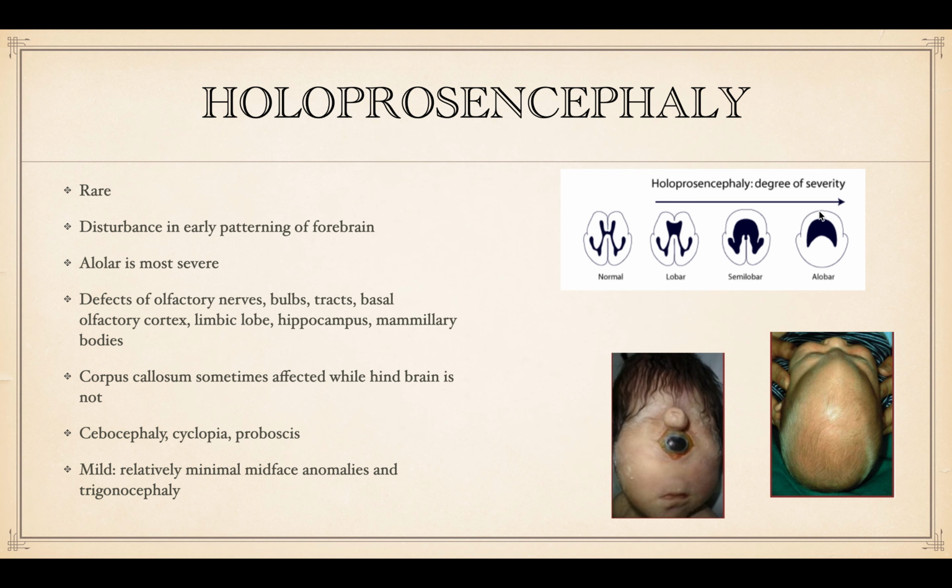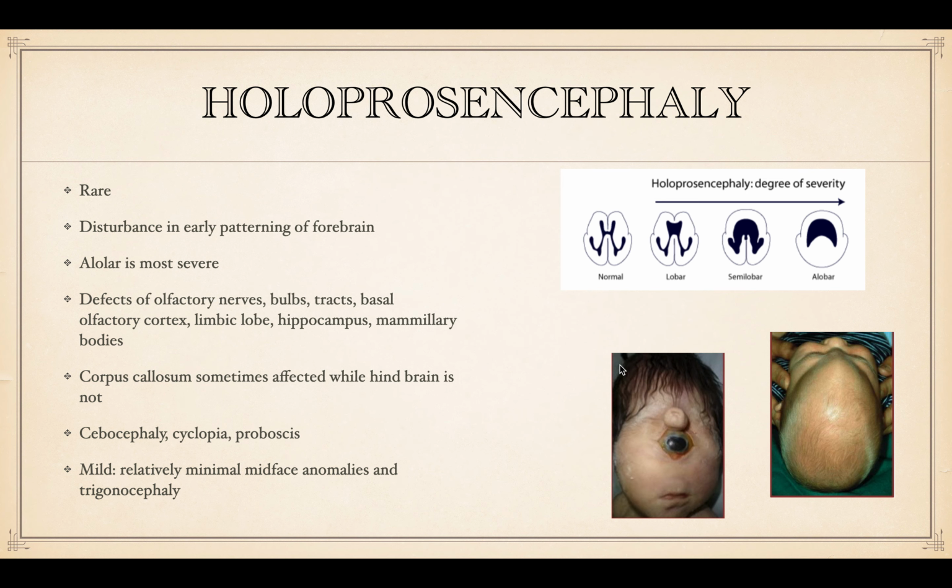So it's in the forebrain, so the olfactory nerves and bulbs and tracts will be affected, along with the limbic system, hippocampus, and the mammillary bodies. Sometimes the corpus callosum is also affected, but usually the hindbrain isn't, as you can see.